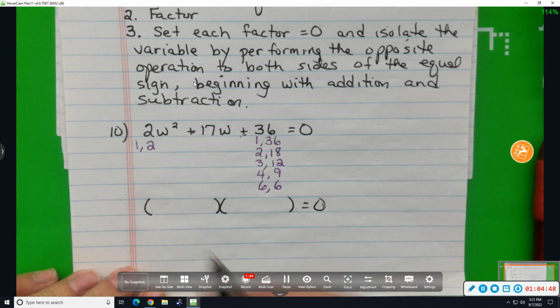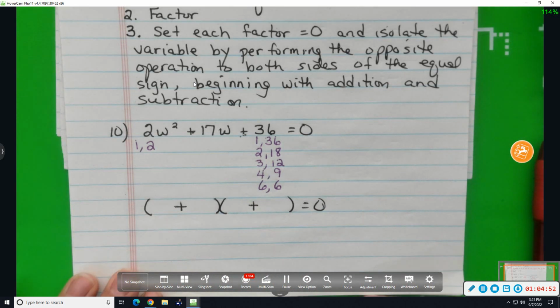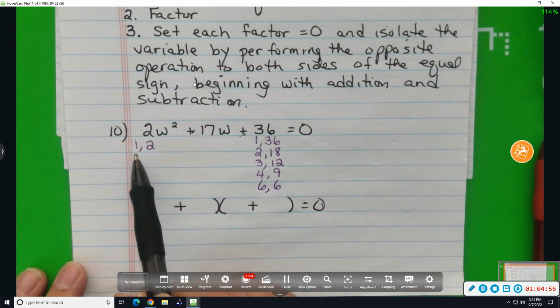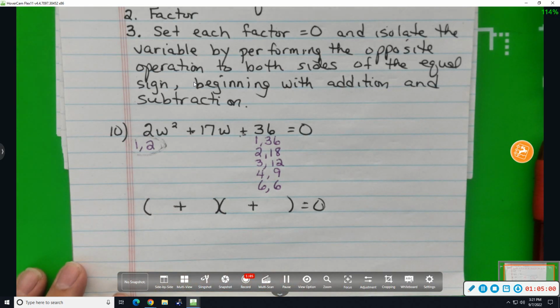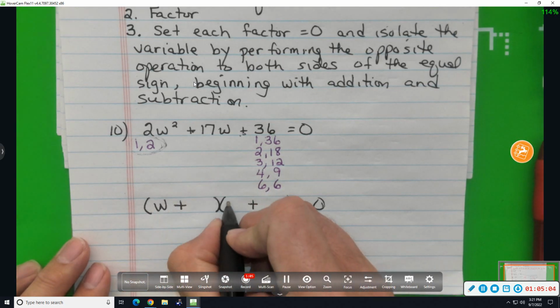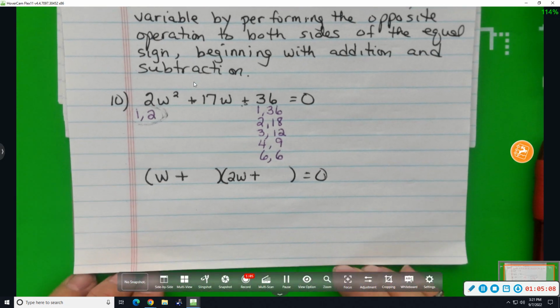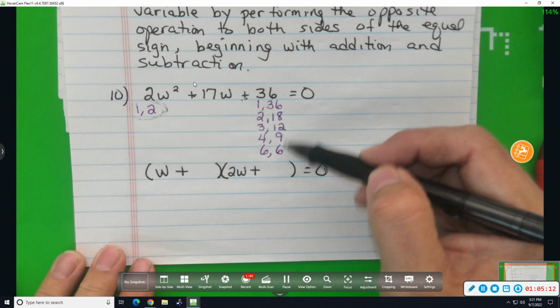So I'll put plus and plus. Now, I'm definitely going to just fill in the 1W and 2W first because there's nothing else, okay? That's the only possibility. So we just got to play around with it until we make it work out using these numbers here.